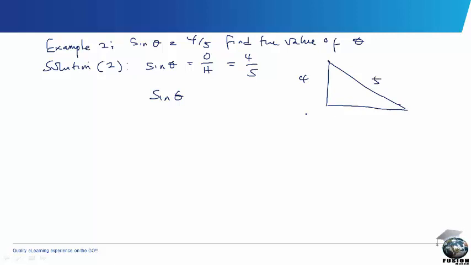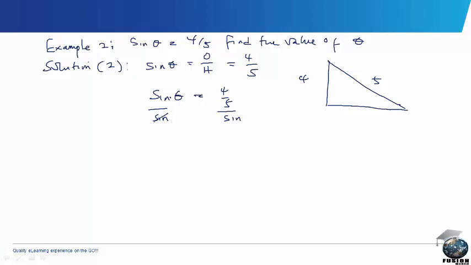Good. And so you can continue this way, 4 over 5, and then you can say 4/5 equals sine theta. So for you to find theta, you take the sine inverse. Taking sine inverse is as good as trying to divide out sine so that theta becomes the subject of the formula.